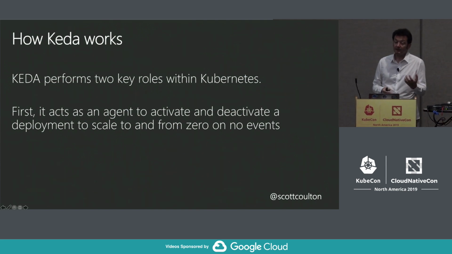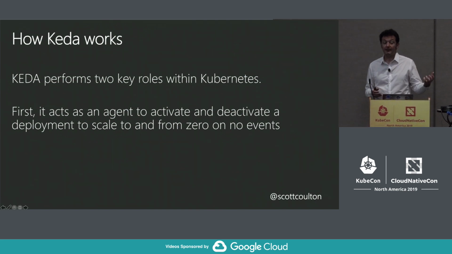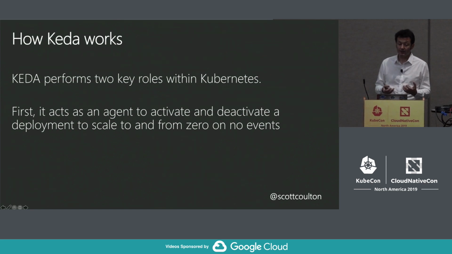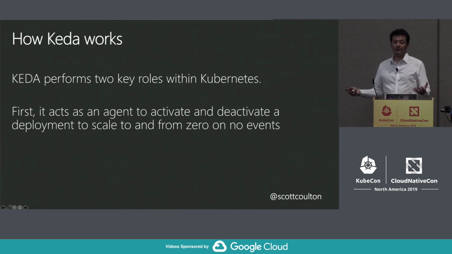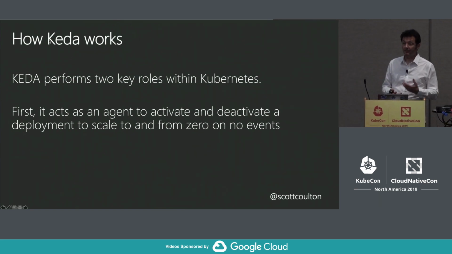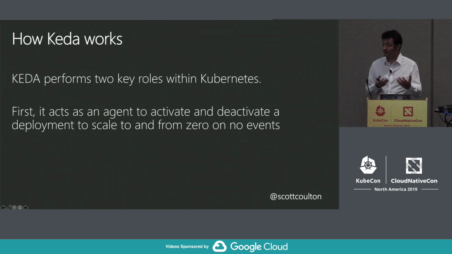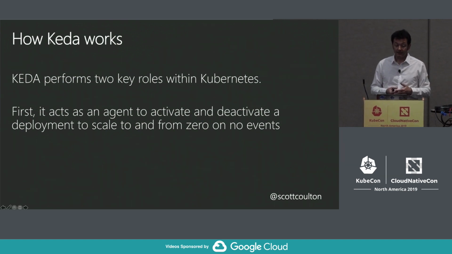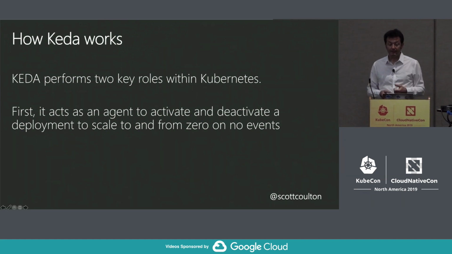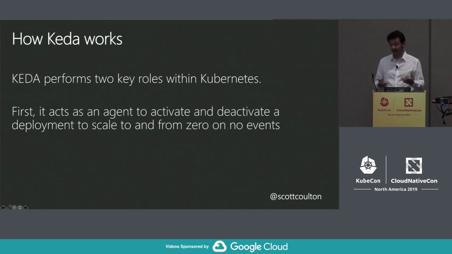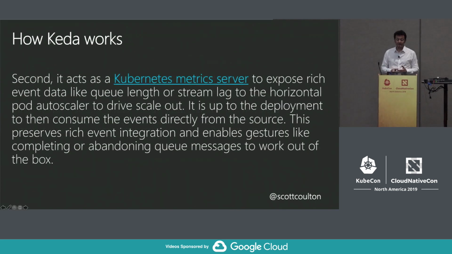And then the second aspect is that KEDA acts as a metric server for Kubernetes. So it exposes some of these events data that you can use to make decisions about whether you want to schedule more containers, things like queue length or stream lag, and then you'll be able to decide based on that.